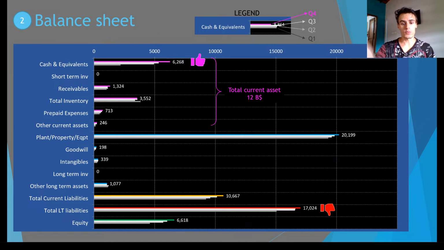If you subtract the $10 billion of current liability, this is how you calculate your working capital, which is not more than $1 billion. So overall, the balance sheet is not so strong. It has a lot of long-term debt, a little bit of cash, and just a positive working capital, but not crazy.